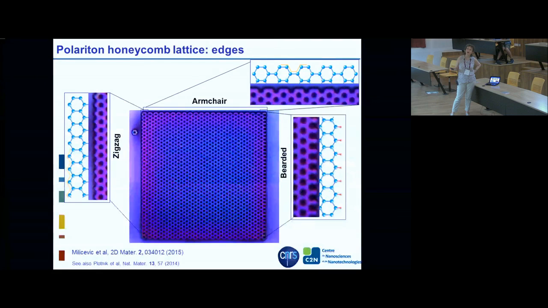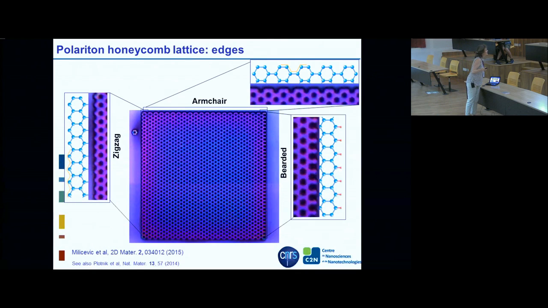And there is another one which does not exist in real graphene because there you have free bonding, so the atoms will rearrange to minimize their energy. But our poor pillars cannot move. They have to stay like this. So it's possible to engineer this so-called bearded edge. And so we can look at these different edges, both in real and reciprocal space, and study edge states.